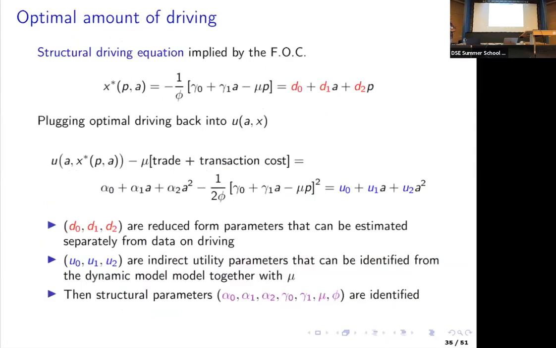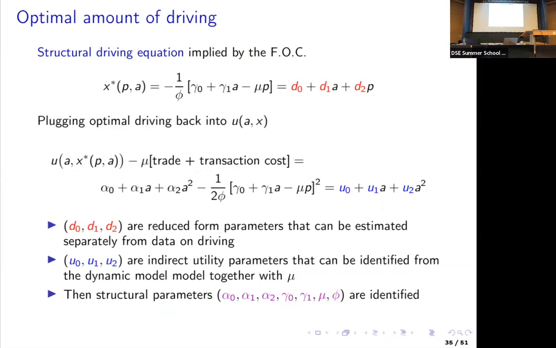Okay, so that allows us to essentially write down the flux for the driving and have a linear equation of the amount of driving, which we observe, as a function of the car age and the fuel price. And then we thought of this approach to estimation of this problem.